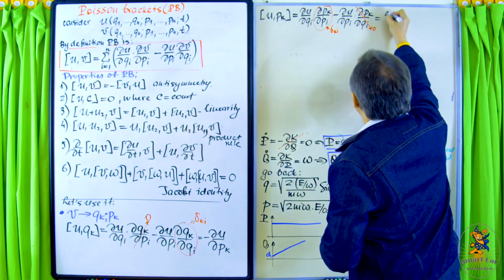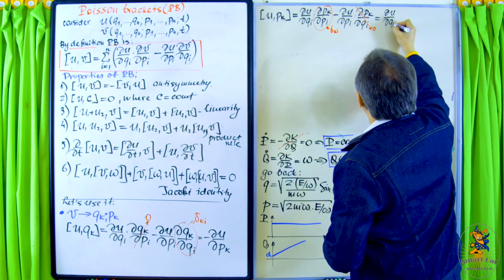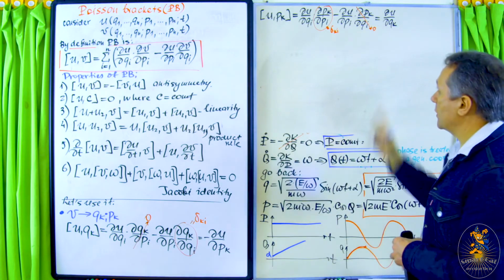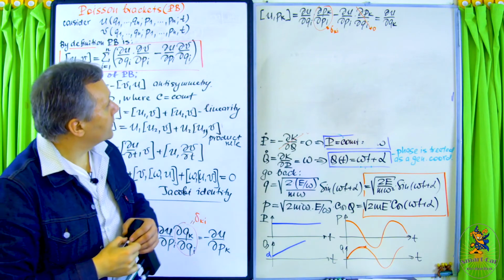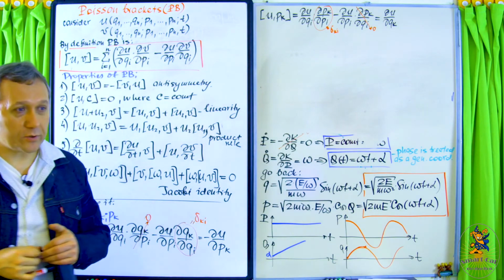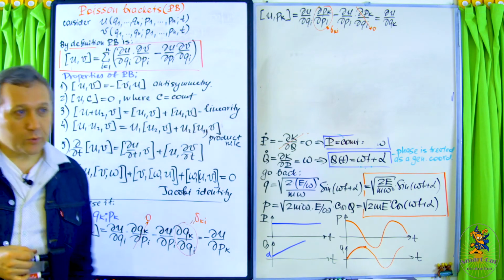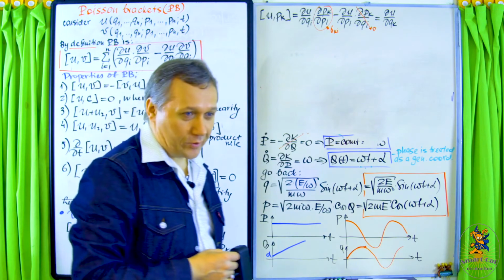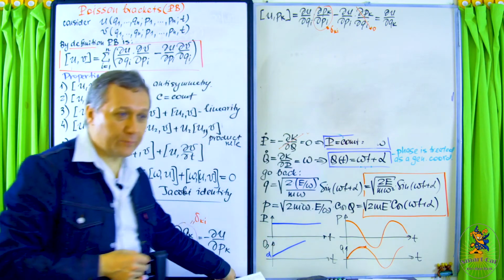So it will be the partial derivative of u with respect to q sub k. Okay, so if you bracket any nice function with generalized momentum, you're going to end up with the partial derivative of that function with respect to a canonically conjugate quantity. In this case, it's a generalized coordinate. Okay, so it's a first.